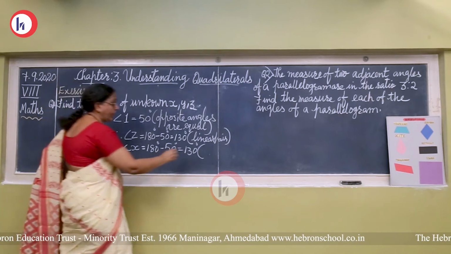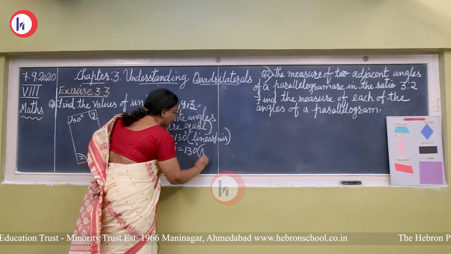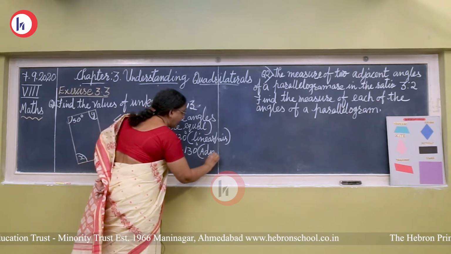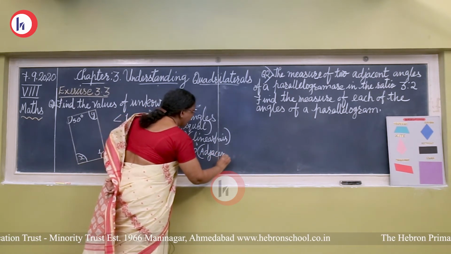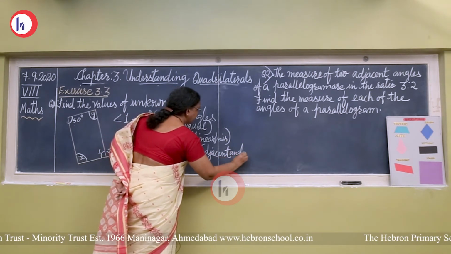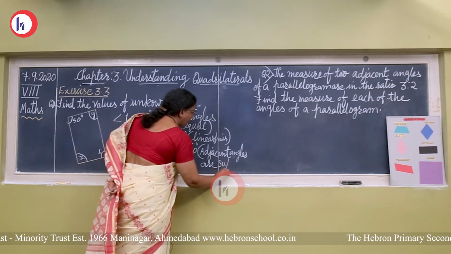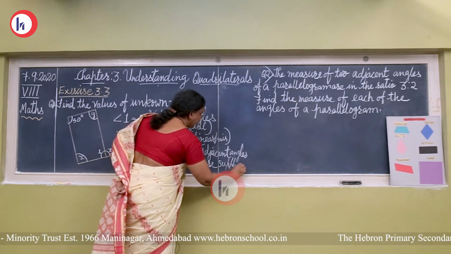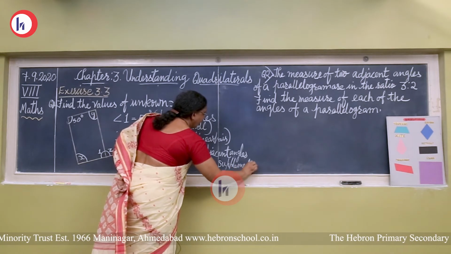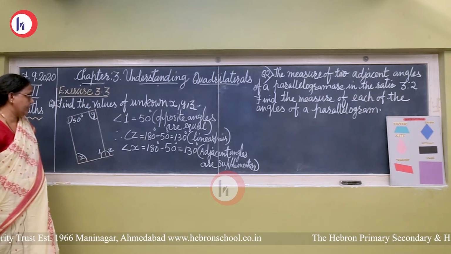So we write that adjacent angles are supplementary. The sum of supplementary angles is always 180 degrees.